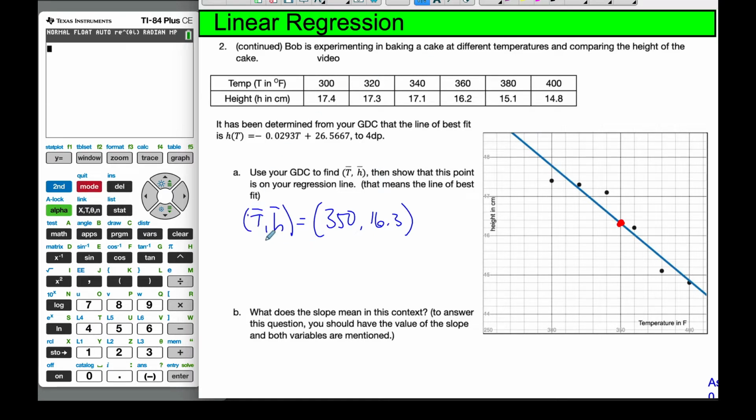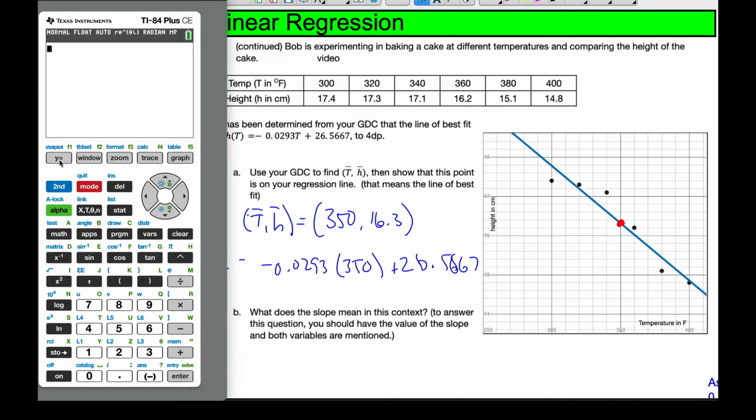So I'm going to take this value, and I know that H bar is going to have to be negative 0.0293 times T, which is 350, plus 26.5667.